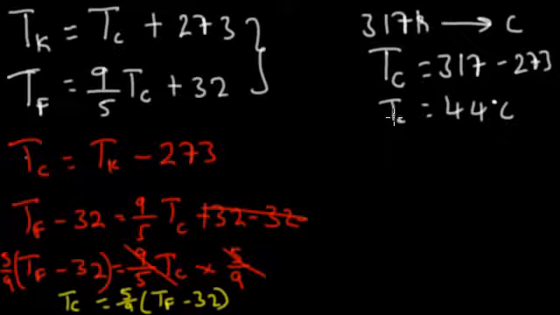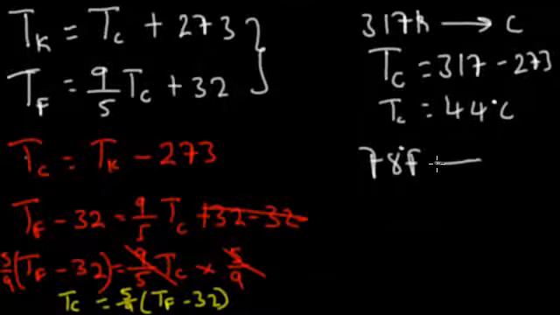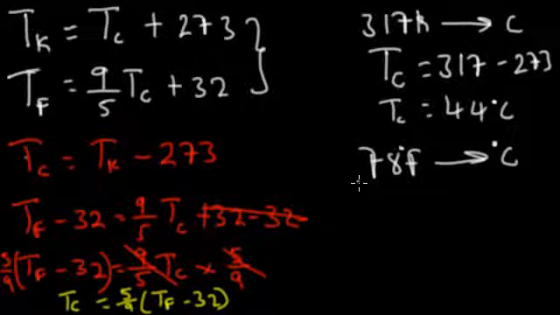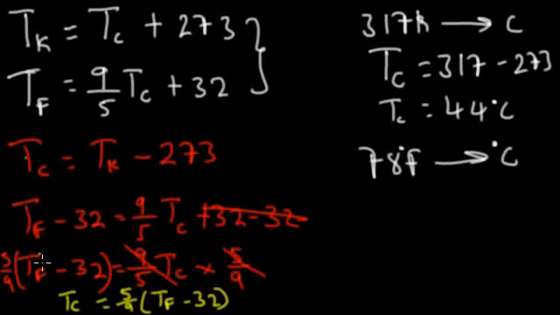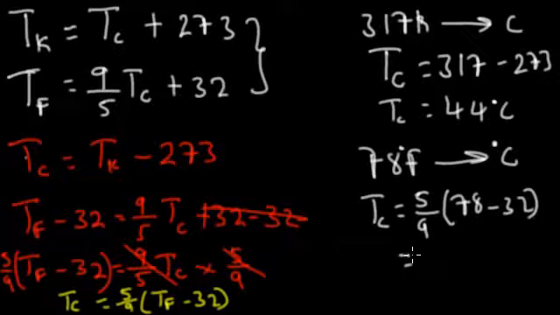Perfect. A few more examples. Consider converting 78 degrees Fahrenheit to degrees Celsius. To convert from Fahrenheit to Celsius, this right here is the best equation to use. Our temperature in Celsius will simply be equal to 5/9 multiplied by our temperature in Fahrenheit, which is 78 minus 32. Doing this math, 78 minus 32 gives us 46.